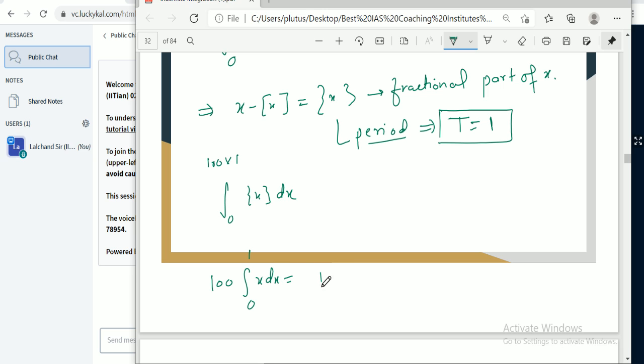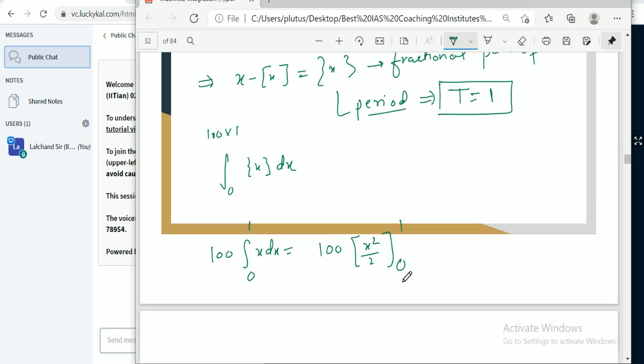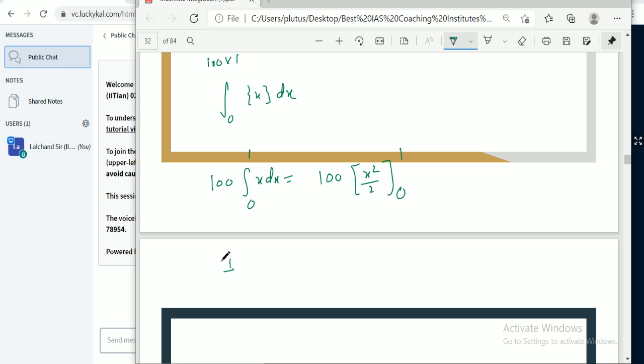So if you simplify this, 100 times x square by 2, the limit will be 0 to 1 finally. Okay, so if we substitute the limit value, then the integral value will be 100 multiplied by 1 by 2, this gets cancelled, so finally 50. So our I is equal to 50 is the final result for this integral.